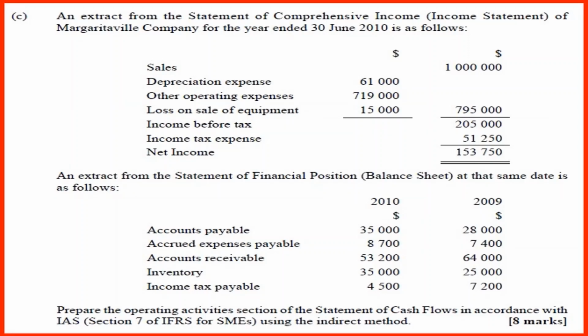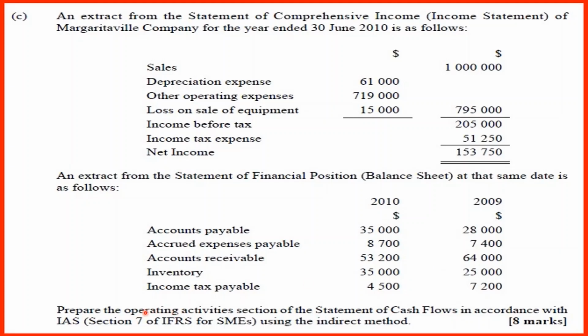The following extract from the Statement of Comprehensive Income of Margarita Company for the year ended 30th June 2010 is as follows, and we are given an abbreviated Statement of Comprehensive Income as well as two extracts from the balance sheet of 2009 and 2010.